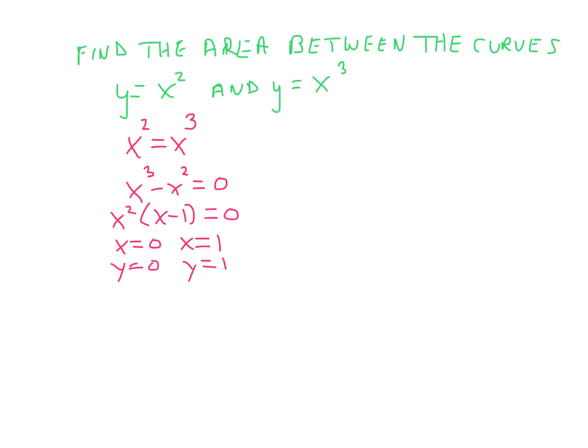And so those are the 2 points on the graph where these are going to intersect. So there's (1, 1) and (0, 0).